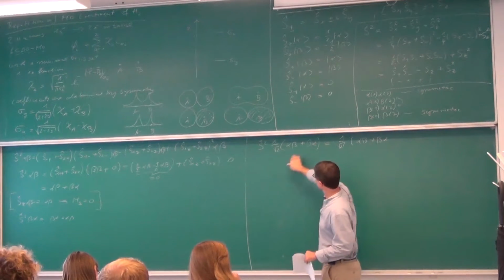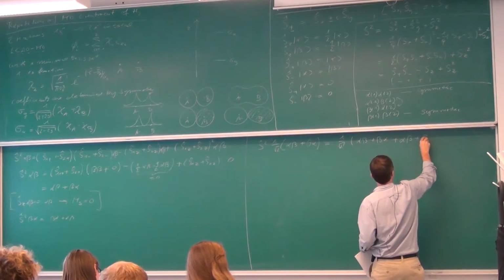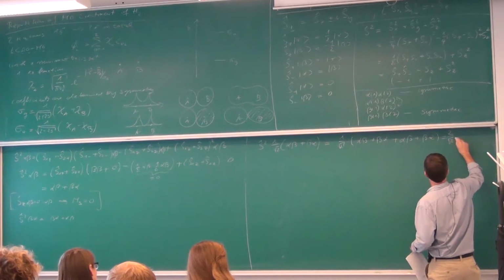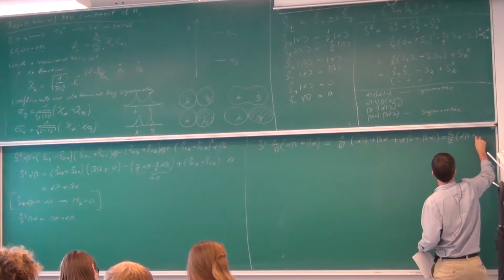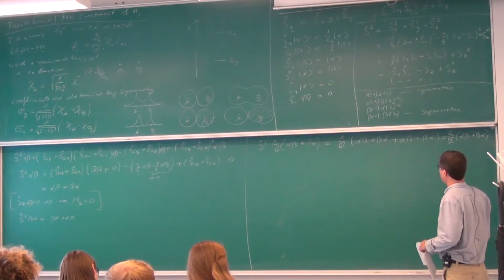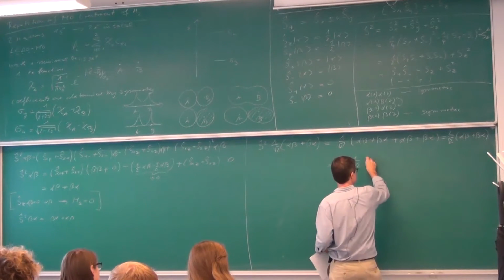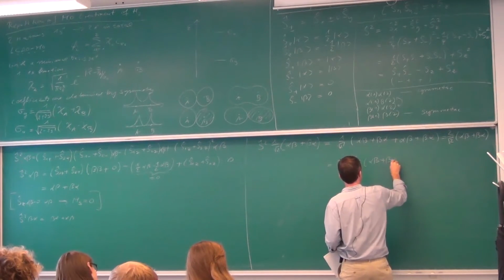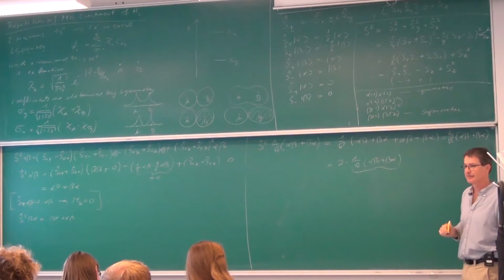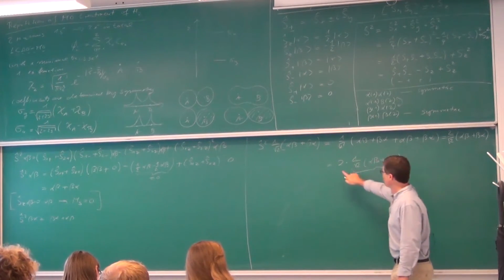Then I let S squared act on the second one, that gives me alpha beta plus beta alpha, which means I get 2 divided by square root 2 times alpha beta plus beta alpha, which actually is 2 times 1 over square root 2. I know that's a bit silly, but this is my original function. So I get my original function back. Woo, it's an eigenfunction, multiplied by 2.